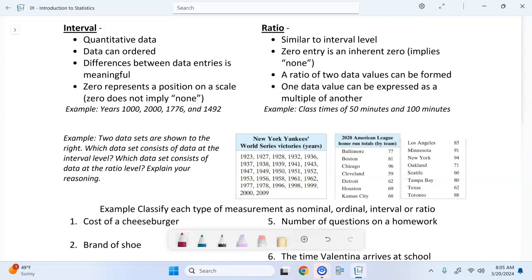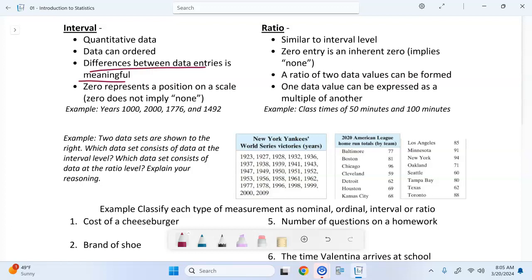We've got something that's ordinal, but now we have meaningful differences between data entries. Okay? We can do a meaningful mathematical computation between the data values. Okay, so that's that next step.